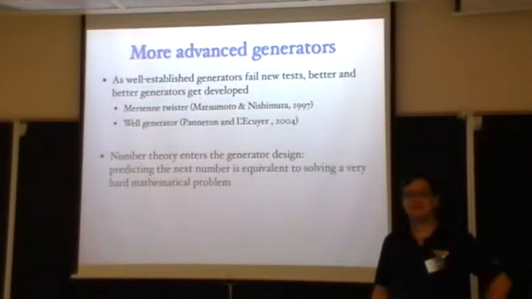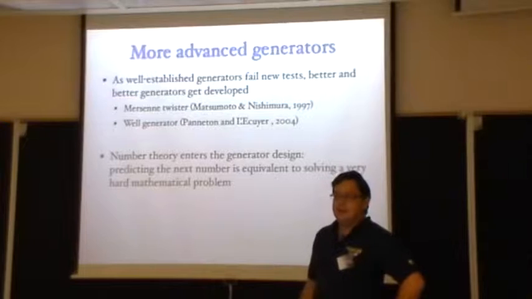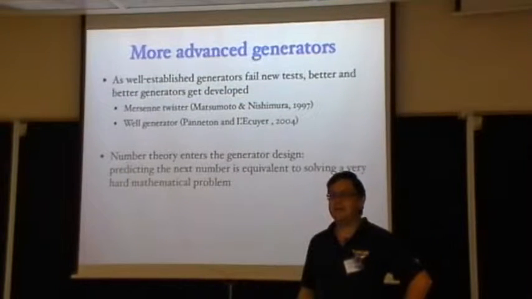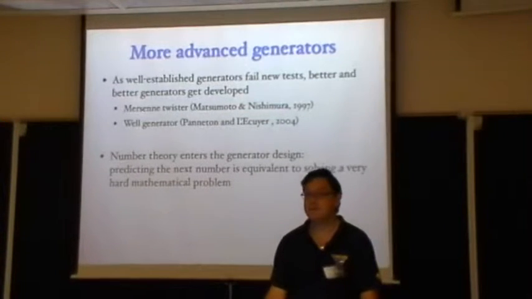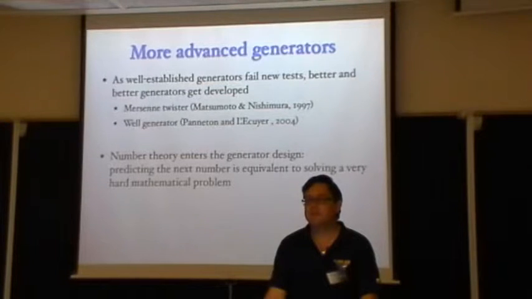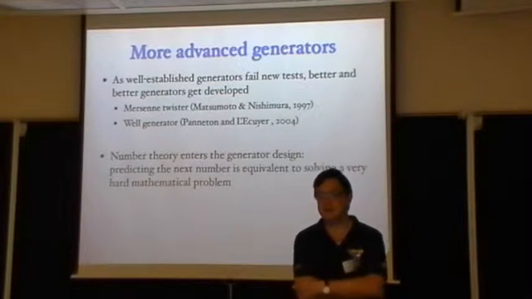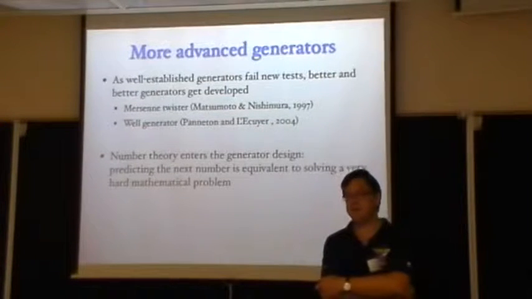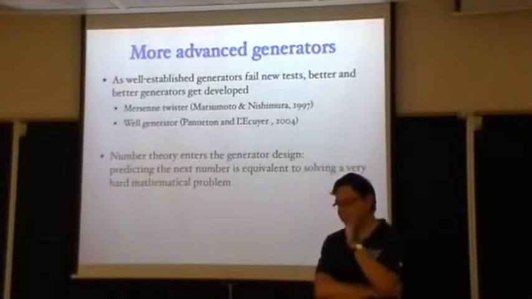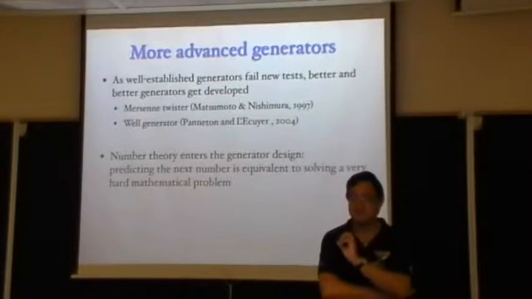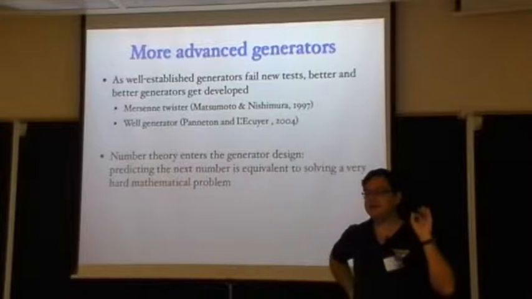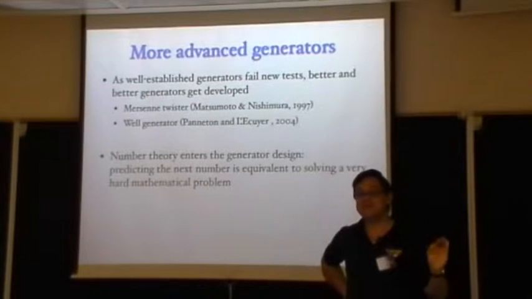But in what sense is one better than the other? Speed, right? Well, let's say the speed is not the issue. Is it better because it has correlations that only come up in some high order? Okay, so the really good ones are the cryptographic ones. What it means is that if you can predict the next number, if you find any correlation, then it means that there is an NP-hard problem that you can crack.